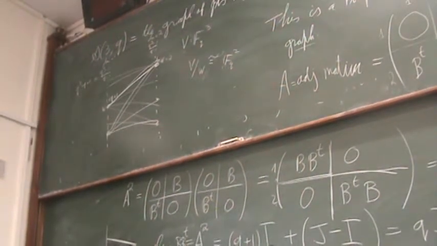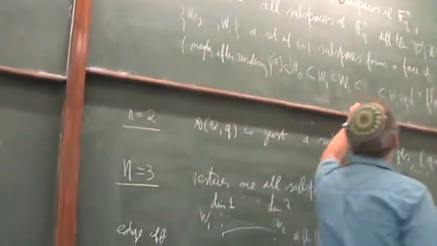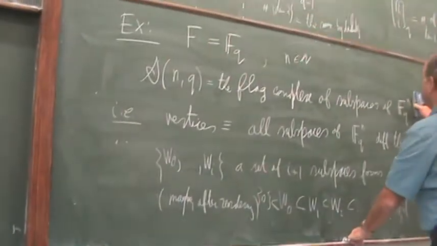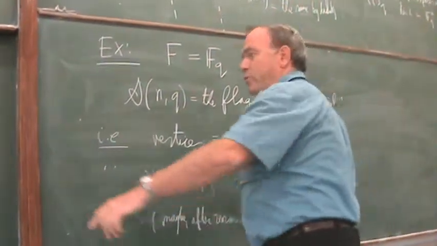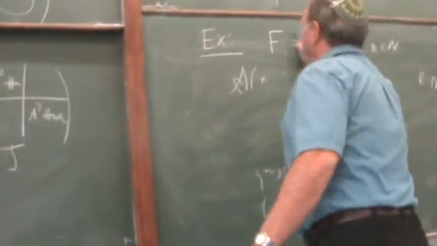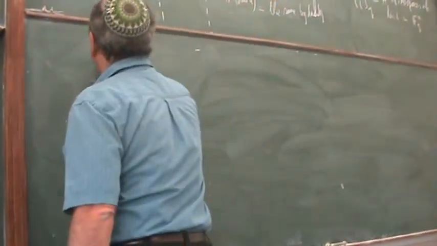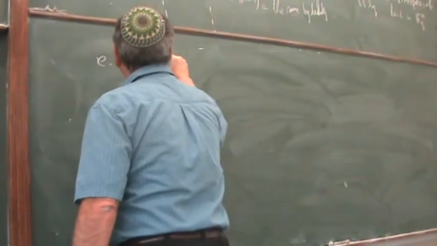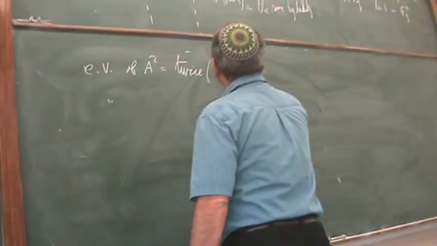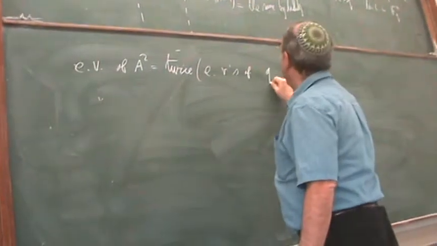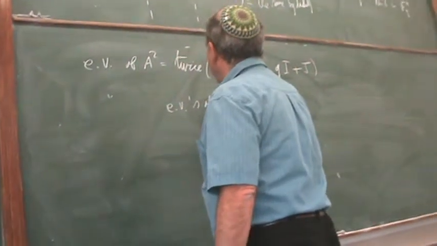Okay, so now it's fairly simple to compute the eigenvalues. What is the matrix J? So what are the eigenvalues? The eigenvalues of A squared are twice the eigenvalues of qI plus J. Now, what are the eigenvalues of J?